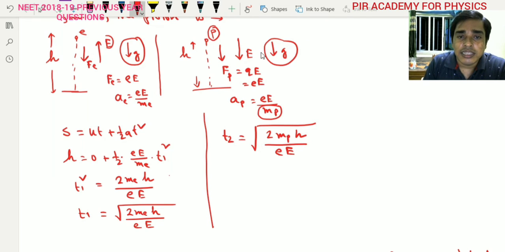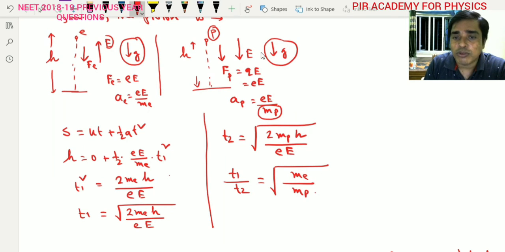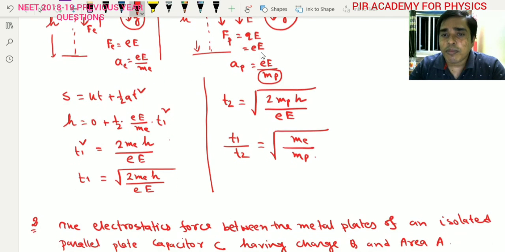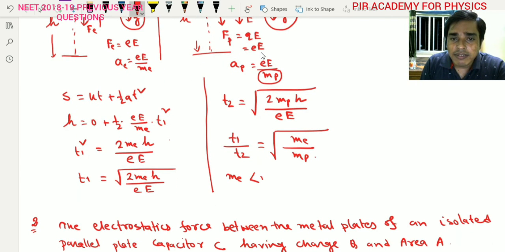That's why T1 by T2 will be root over m of electron divided by m of proton. The m of electron is less than m of proton, so this is a smaller value.